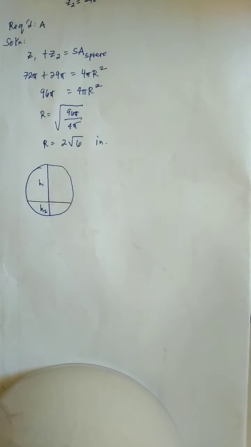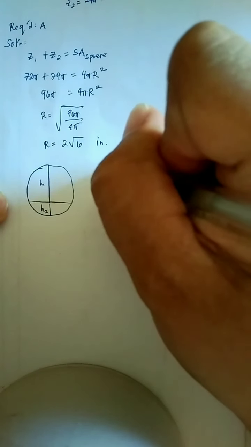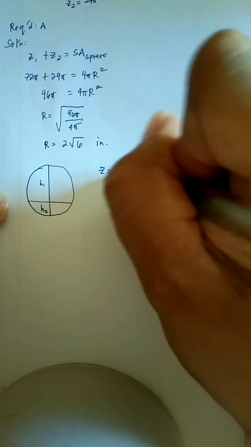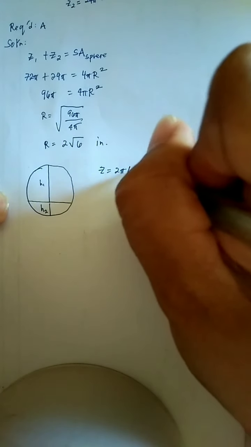So we determine H1 first. We do that using the formula Z is equivalent to 2 pi RH.